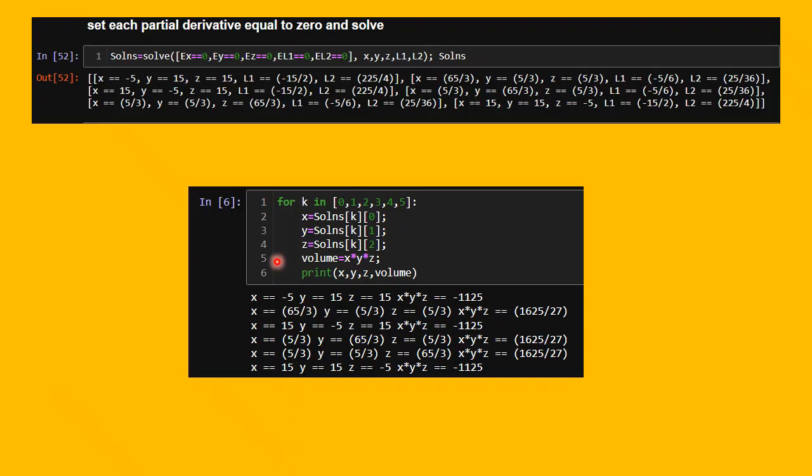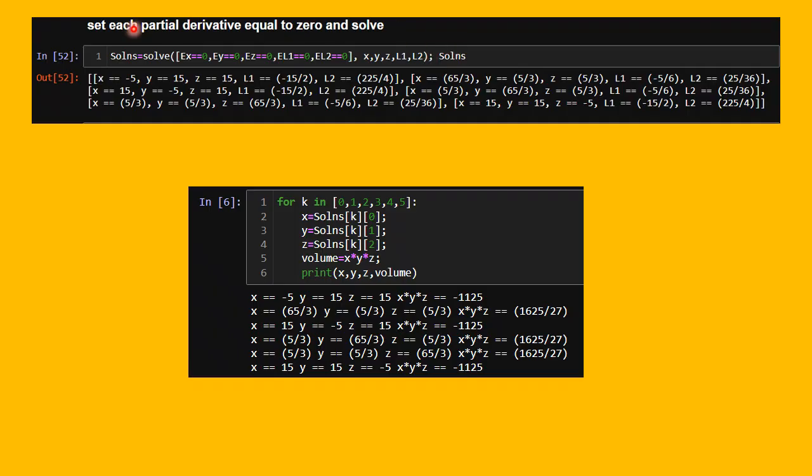So now we're ready to set each partial derivative equal to 0 and solve the system of 5 equations and 5 unknowns. So let's look at this command in SageMath. Solutions equals solve, and then we have 5 equations, and then we're solving for the variables x, y, z, L1, and L2, and then a semicolon for that command to end.